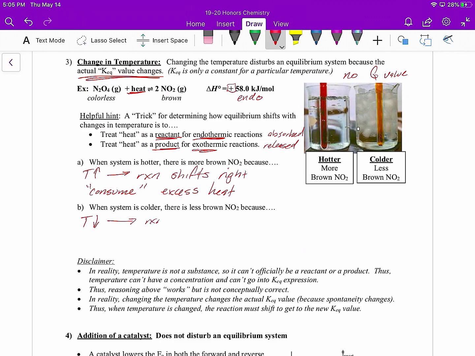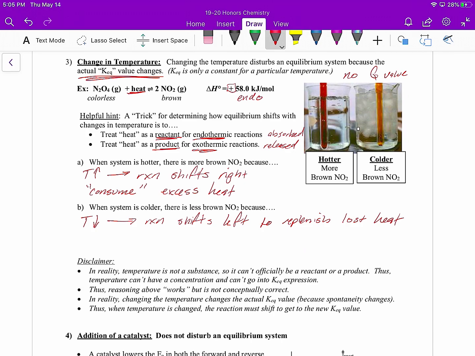So the reaction will shift left to replenish the lost heat. Right, so if you have an endothermic reaction, think of heat as a reactant. If you have an exothermic reaction, think of heat as a product, and then raise or lower the temperature and think about it as adding or removing heat.